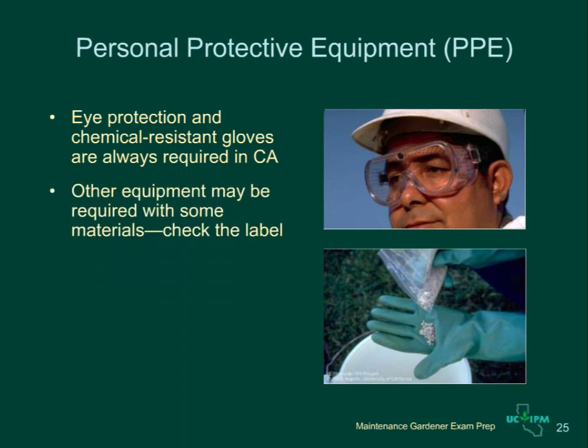Other equipment, such as coveralls, boots, bibs, or chemical-resistant headgear may be required when using certain pesticides. Always check the label to confirm PPE requirements. All employers must also provide enough water, soap, and clean towels for thorough washing of hands and face.